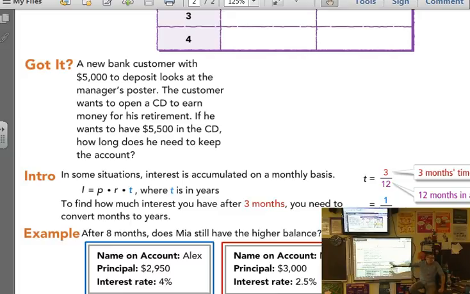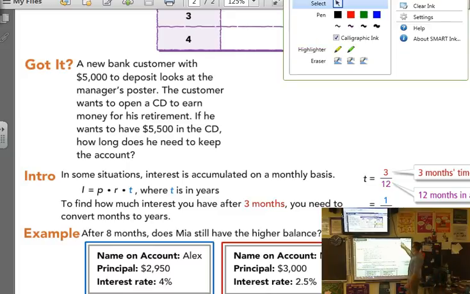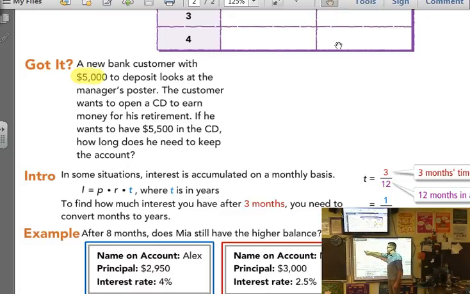So back to this. Now that we know what a CD is, it's a special type of investment account. Let's identify what we do know. We're going to open a CD with a $5,000 deposit. So since that's our deposit, that's our principal, I'm going to go ahead and notate that's my principal.